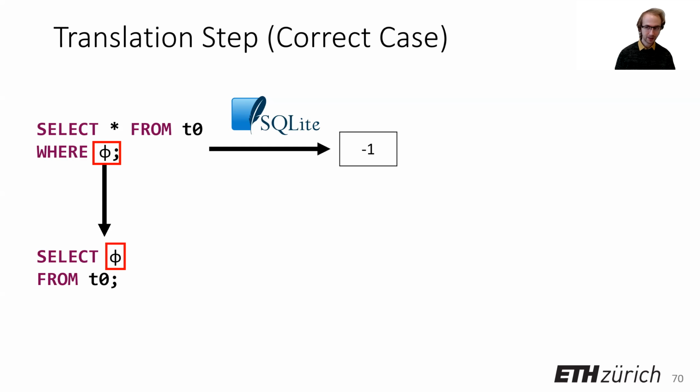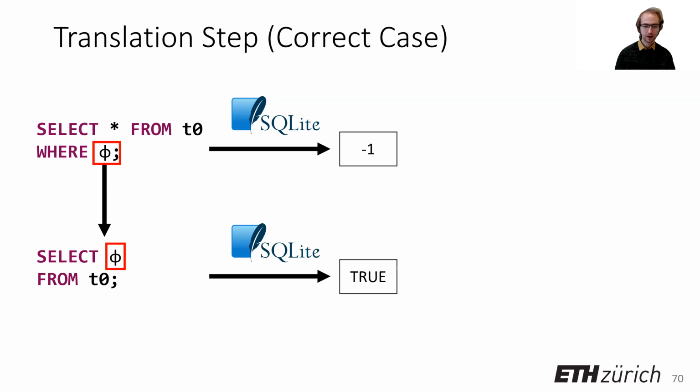The predicate is evaluated on every row, or on the cross product of every row from the tables, and the result set will consist of either true or false values: true if the predicate evaluated to true, and false otherwise. Since in our example T0 only holds a single row, we get back only a single value, and you can see that this is true.